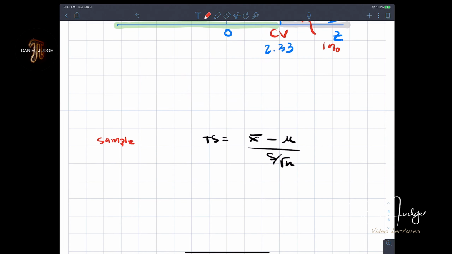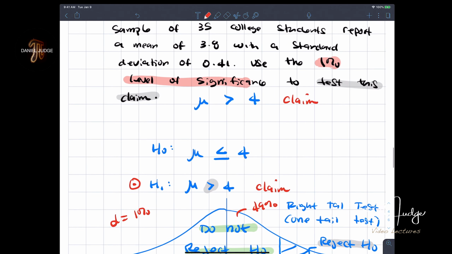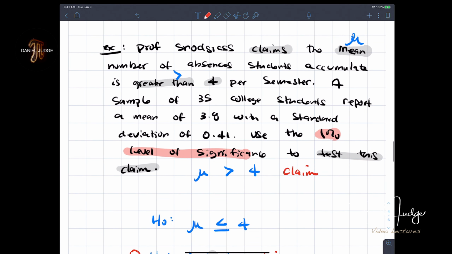what's your sample information, right? They're going to give you n. They're going to give you the mean. And they're going to give you the standard deviation. So we need this information. So you have to go back and read this and say, okay, what does that say here? It says a sample of 35. Well, that's simple. That's n.